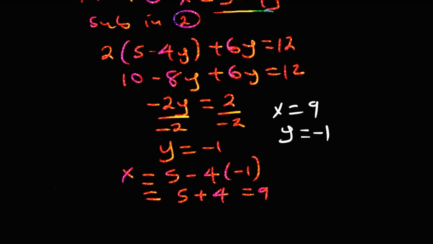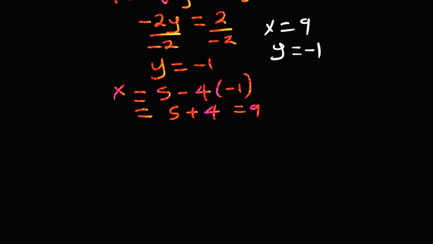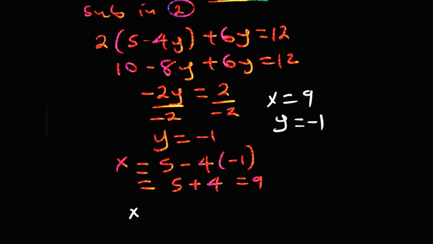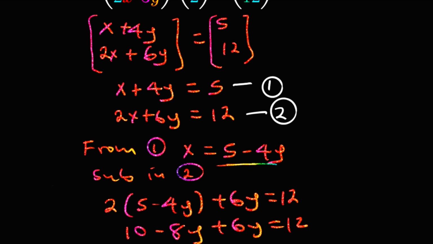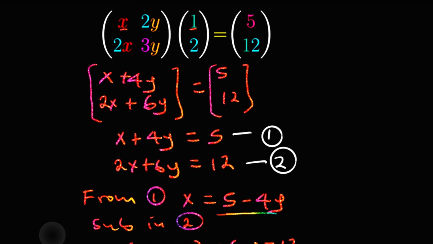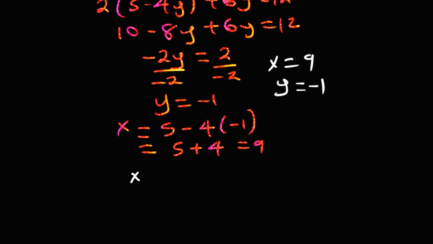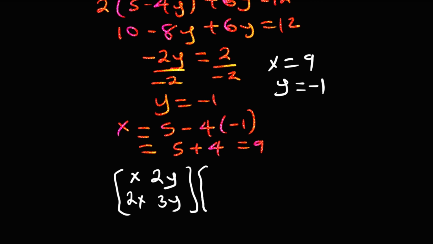So we can do a check for these two solutions to see if whatever we have is what is required. So remember, the equation from the matrix was (x, 2y; 2x, 3y) times (1, 2), and this is supposed to be equal to (5, 12).